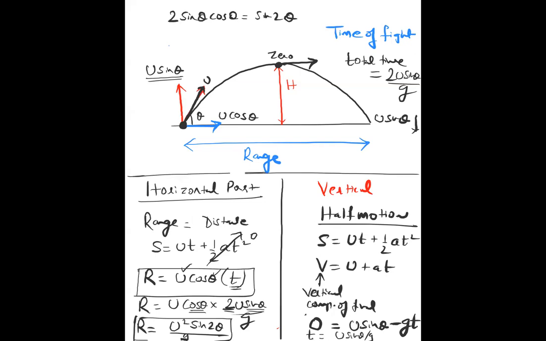And one more thing I want to do is the maximum height formula. For half motion, I will do it again. Again, I will do it for half motion. If you have any doubt, ask me, okay? Half motion, vertical one. Okay, so in that I am going to use this formula.